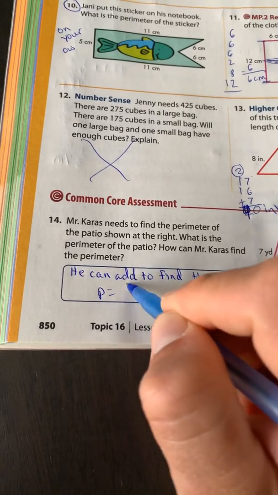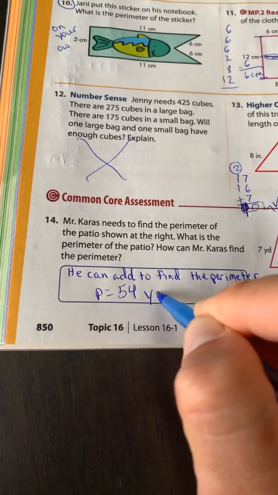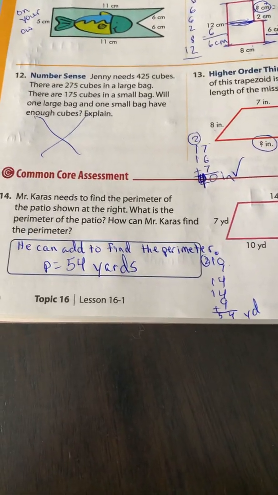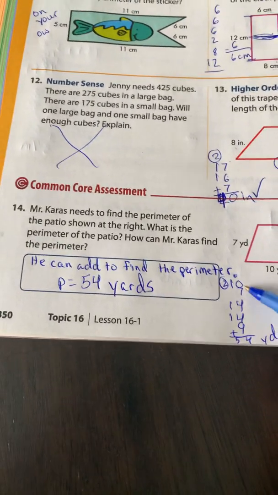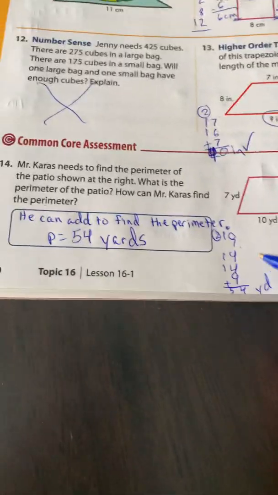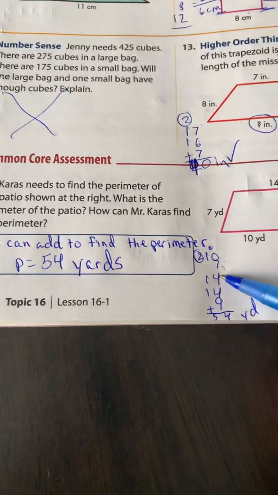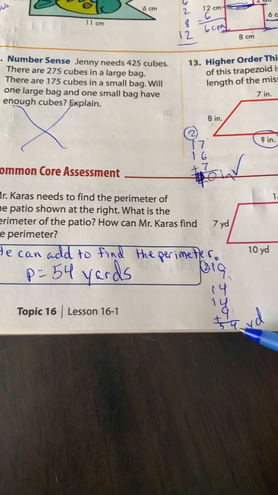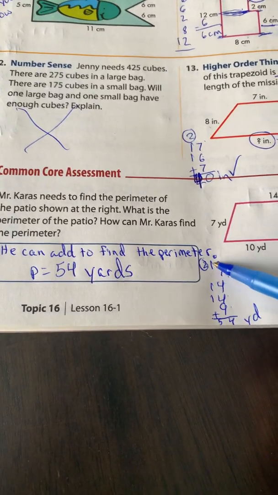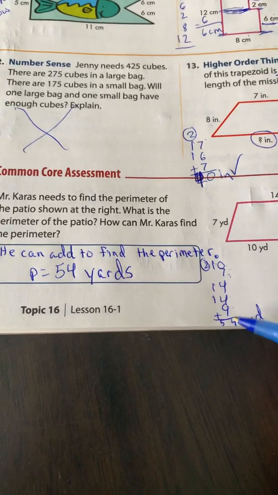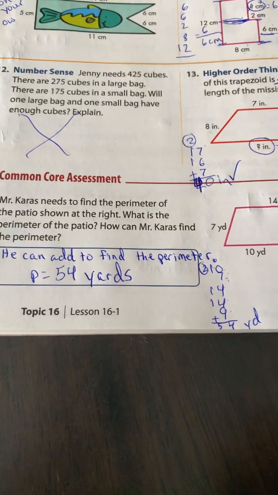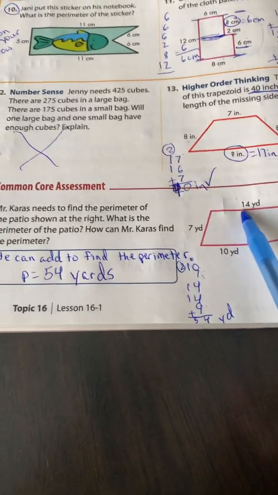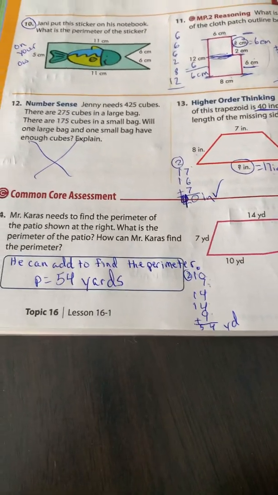I'm going to put P for perimeter equals 54 yards. Because 10 plus 7 is 17. So that's a 7 that goes there, plus a 4 is 11, plus another 4 is 15, plus 9 is 24. Put my 4 here, carry my 2. 2 plus 1 is 3. 4, 5, 54 yards. And I got all those numbers from here. I took all the numbers, 7, 10, 14, 14, and 9, and added them up.